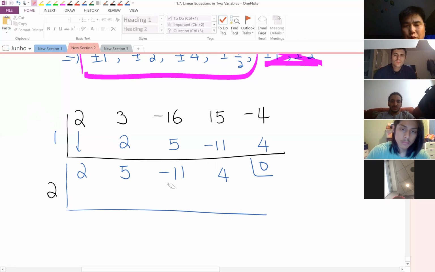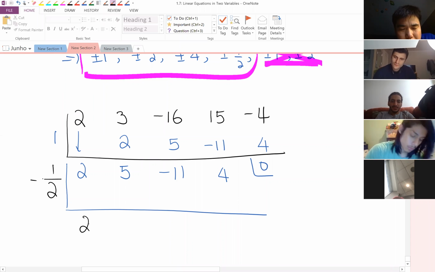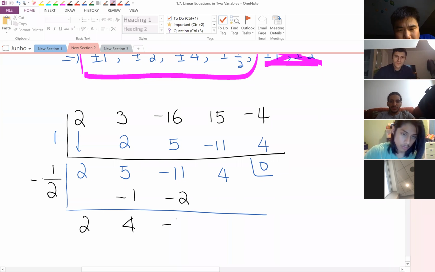All right. Now we want to try 1/2. Is it 1/2 or negative 1/2? I think negative 1/2. Okay, negative 1/2. So 2 comes down here, then negative 1, then 4, negative 2, then negative 13 again.